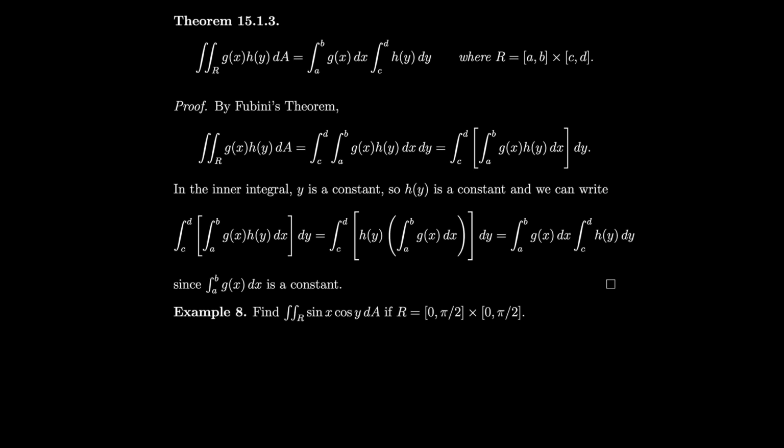So to prove this, we use Fubini's theorem. So we express the double integral as an iterated integral, first with respect to x and then with respect to y, and then in the inner integral, y is constant. So h of y is a constant. So that means that we can pull that constant out of the integral entirely.